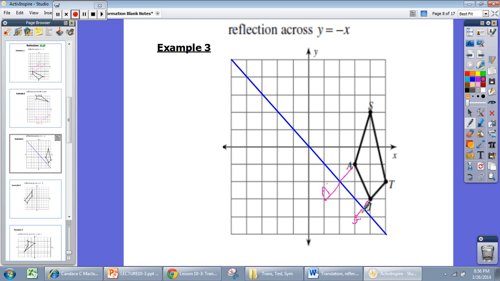T is 1 more down from J, so make T 1 more down from J. It's T. And then S is 1, 2, 3 away, so 1, 2, 3 for S.